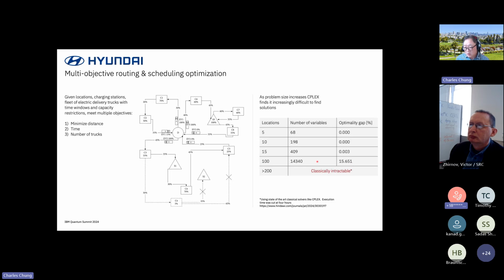And so this is where you start to see where a quantum computer can start to fit in. If a quantum computer can find say, a 1% or 10% or 15% better solution, then this is worth quite a bit of money in semiconductor manufacturing. The number of variables in order to do 100 locations is about 14,000.